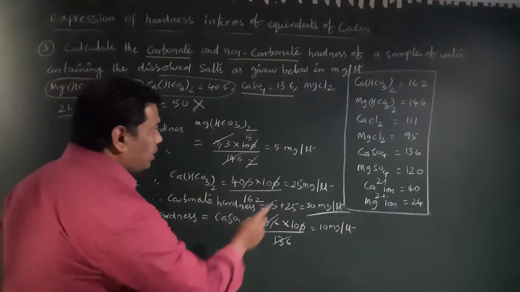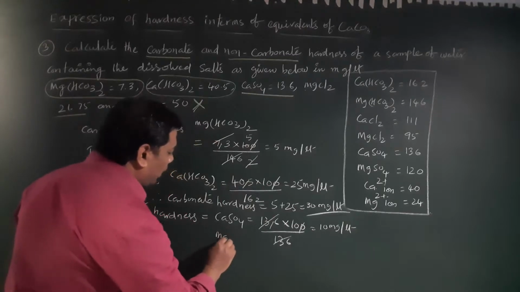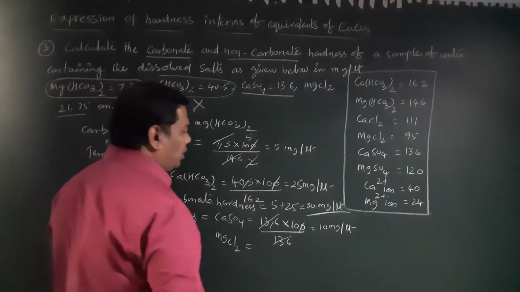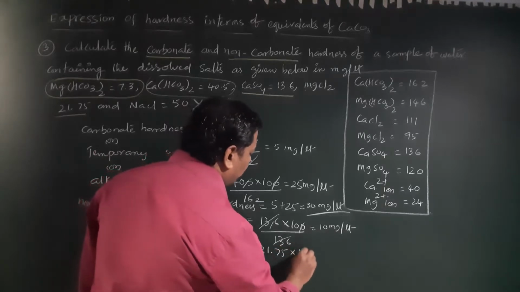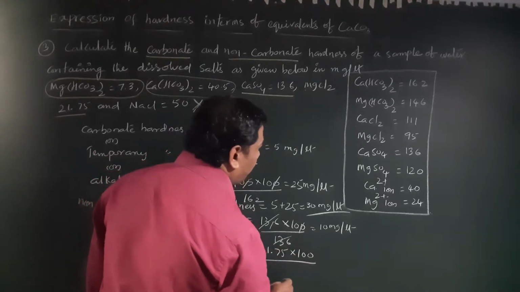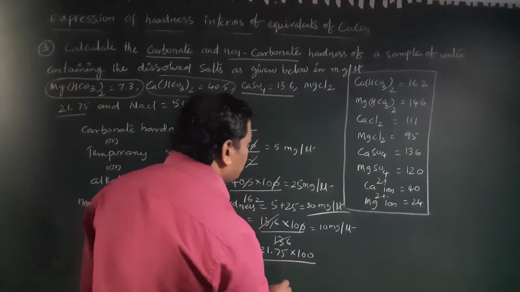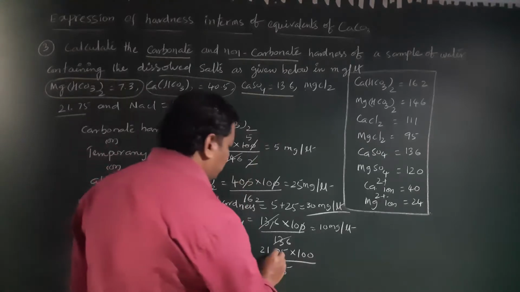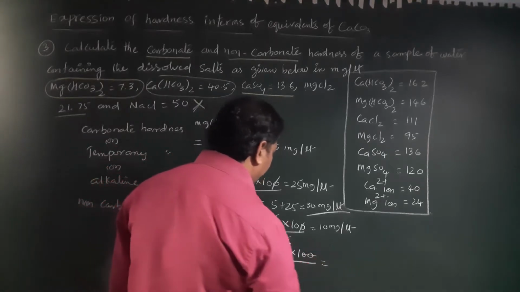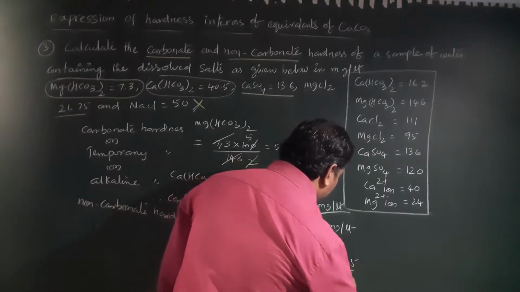Then we will move to magnesium chloride. The magnesium chloride present in the water sample is 21.75 into 100 divided by the molecular weight of MgCl2, which is 95. Two digits get cancelled, student, so that is equal to 2175 by 95.